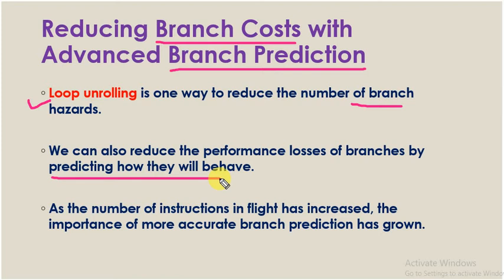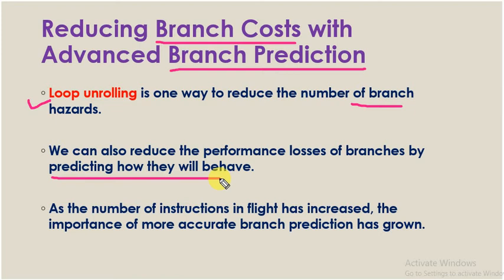If a branch is available within a set of instructions, and if you know how that branch will behave, whether the branch will be taken or not, and accordingly control the sequence of execution, we can improve the performance of the system.